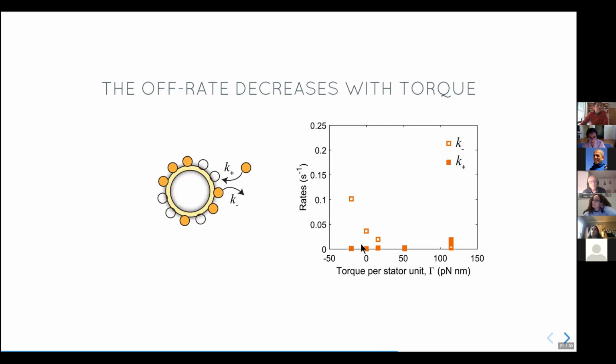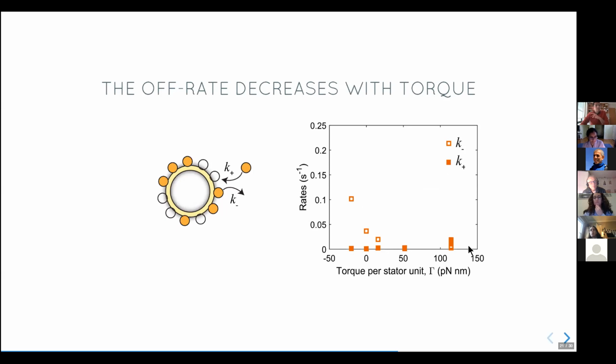In fact, what we find is that the on rate shown by these filled symbols stays more or less constant, while the off rate decreases with torque. So this is suggesting that somehow torque production by these stator units stabilizes their binding to the motor, which means that at higher torque, their binding is more stable, so they're less likely to unbind, decreasing this off rate.